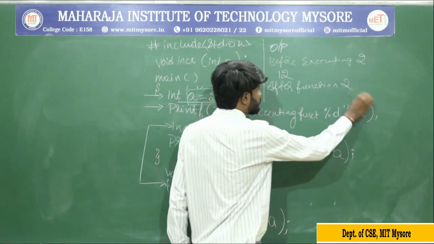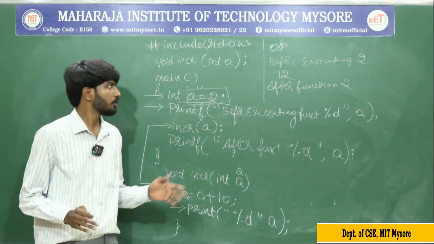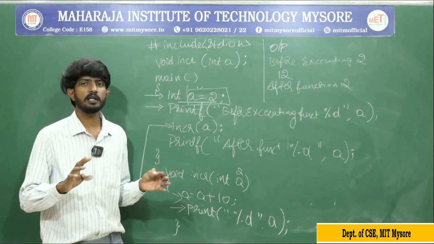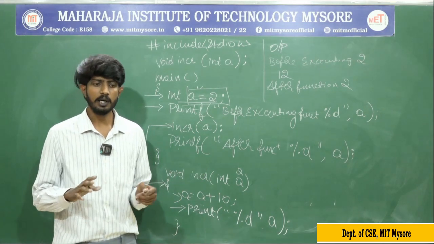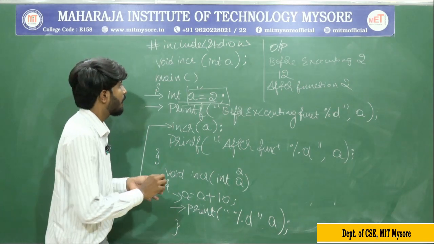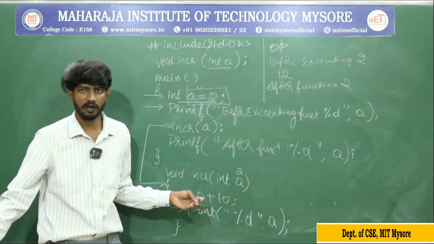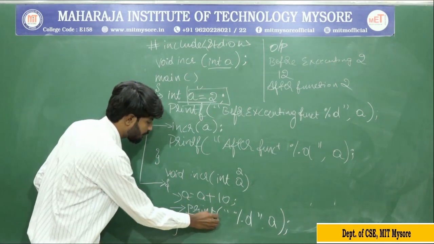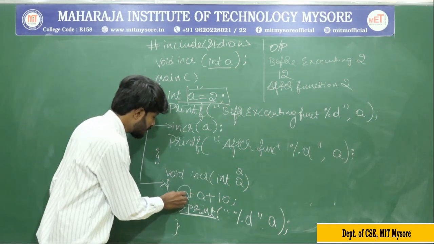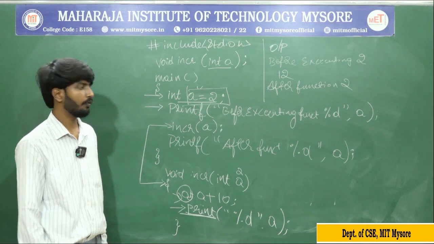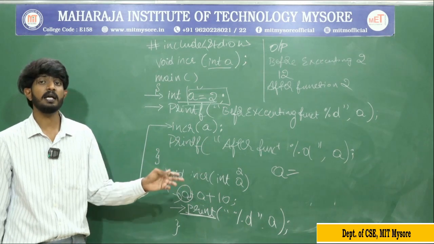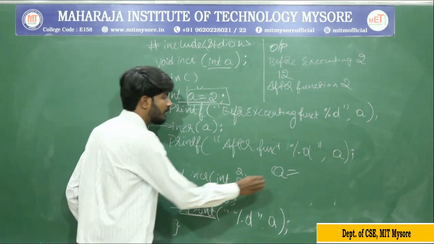Why? If I use the call by value method, and I modify the value of a in the function, this function will create another variable a in the memory space and assign that value 12.